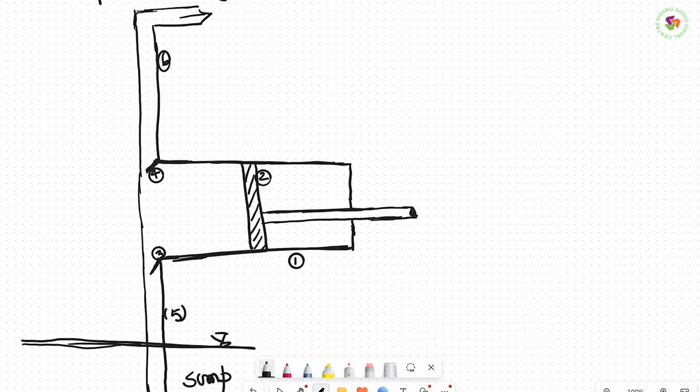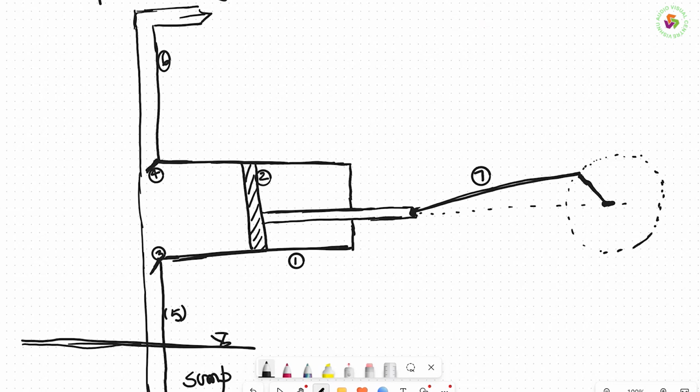Then the last one, how we will make it. This is drawn first because of the connecting rod and crank mechanism. So this is the crank. This is the center of the crank, and this is the connecting rod.